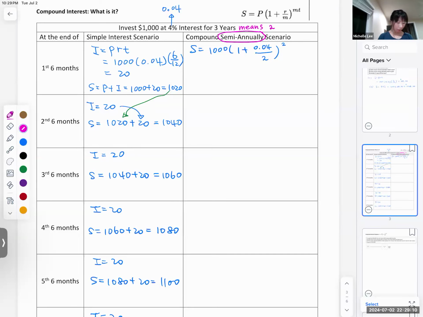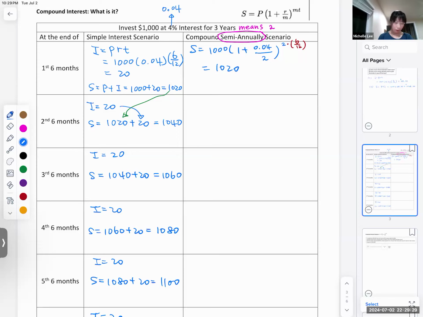So we have 2 times 6 over 12. If we calculate this one, we have 1,020.